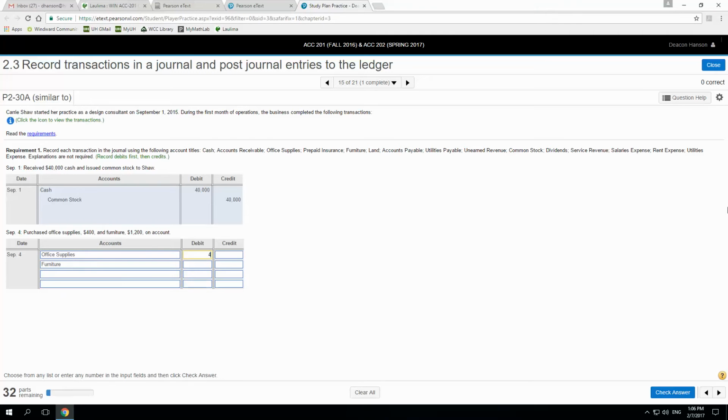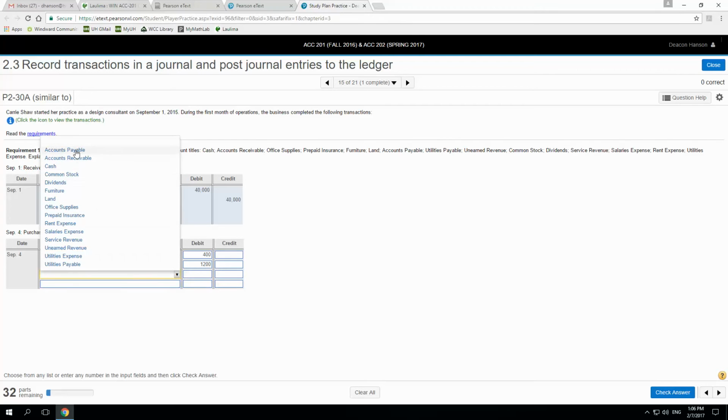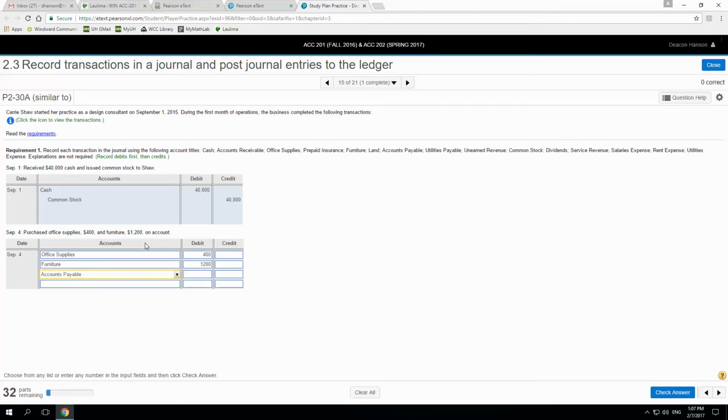So that's 400 increase to office supplies and 1,200 increase to furniture, both assets, so they get debited. And then when it says on account, that means that they didn't pay for it. Yeah, the company didn't pay for it right away. It's accounts payable. This is an example of a compound entry. We can add those two debits and turn it into one credit, so 1,600. You see? No?